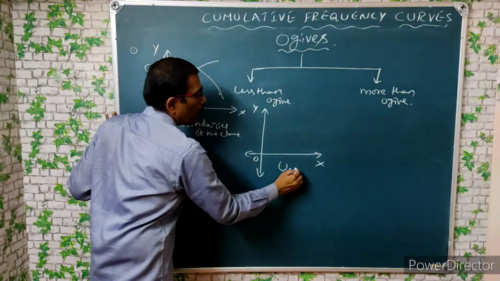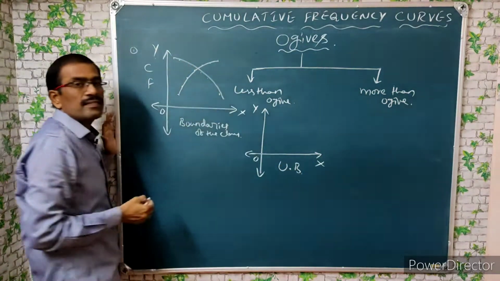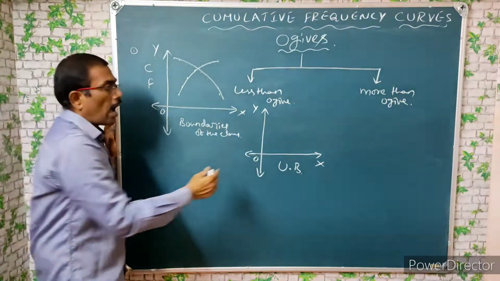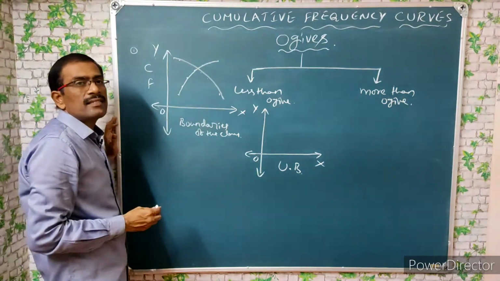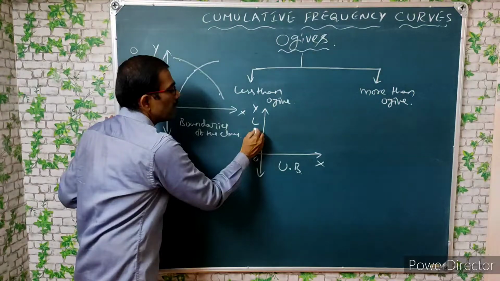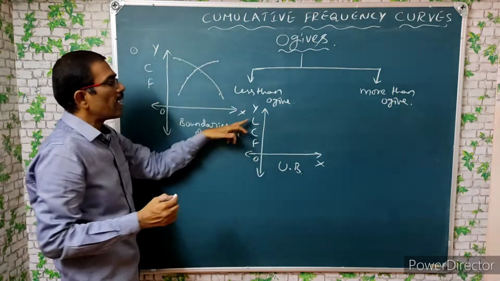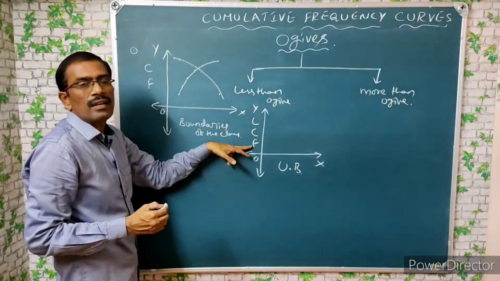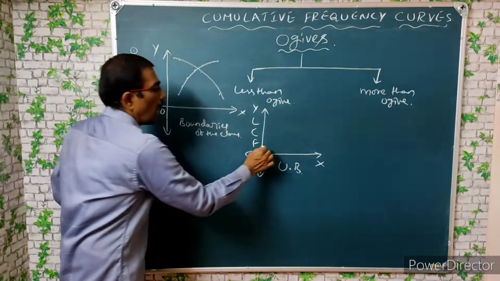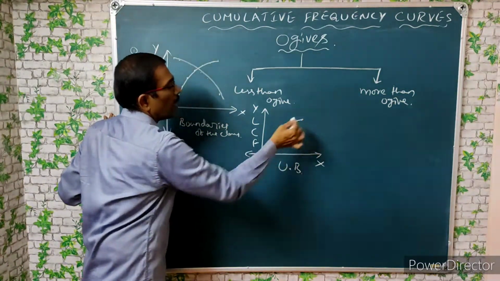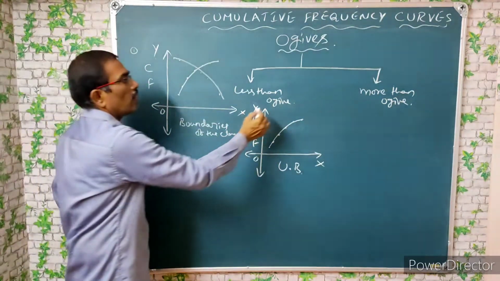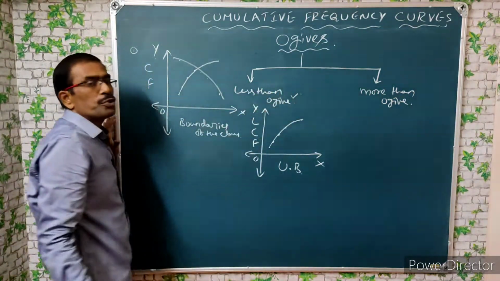If the upper boundaries of the classes are taken on the x-axis and the corresponding LCF, less than cumulative frequencies, on the y-axis and the points are joined by a smooth curve, then the curve obtained is called a less than ogive.